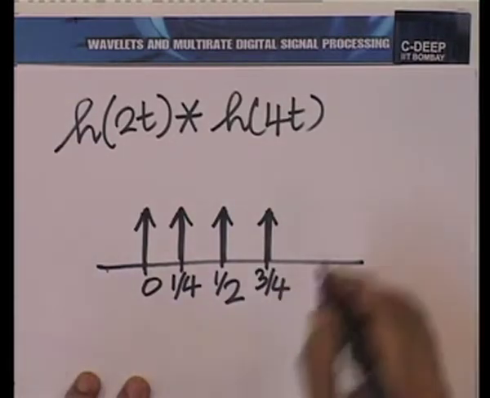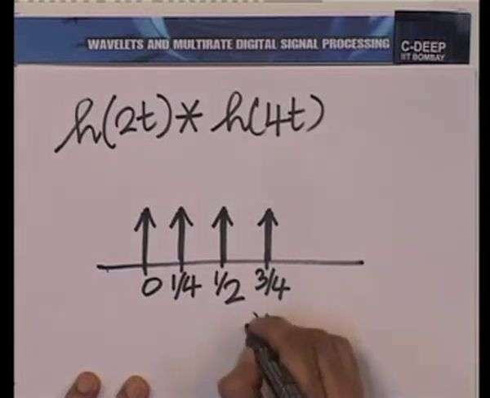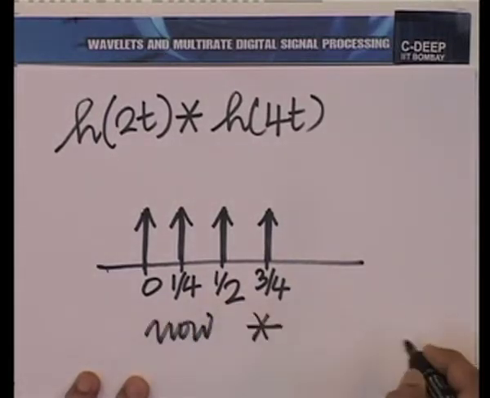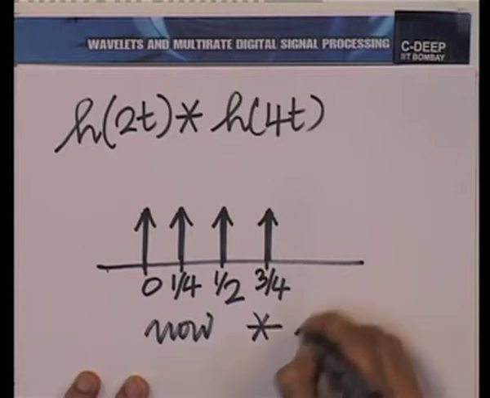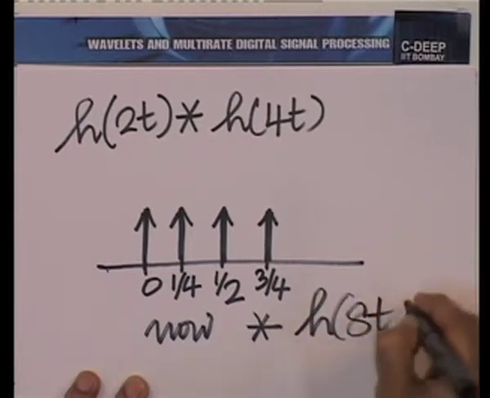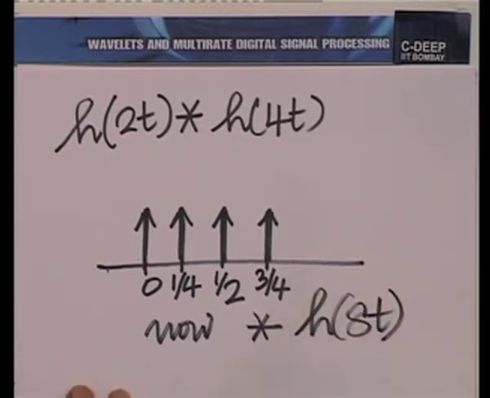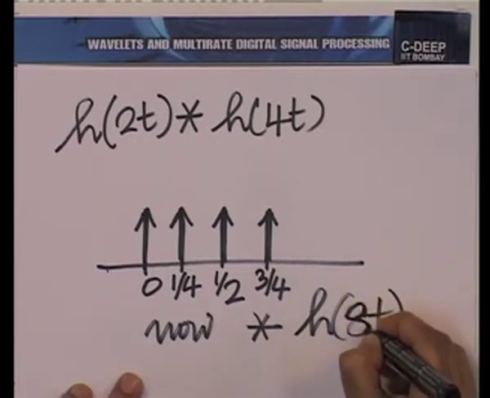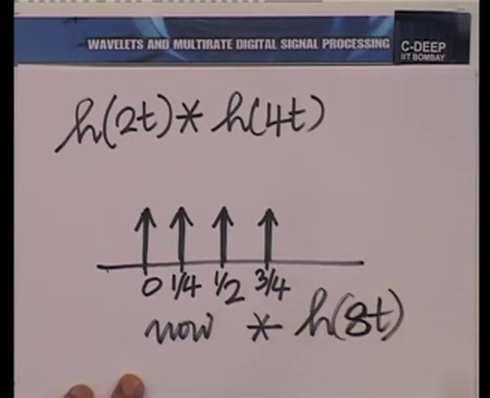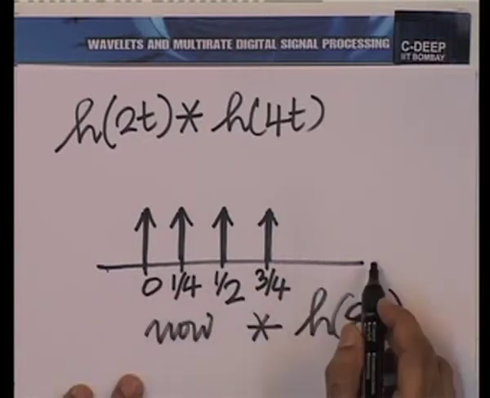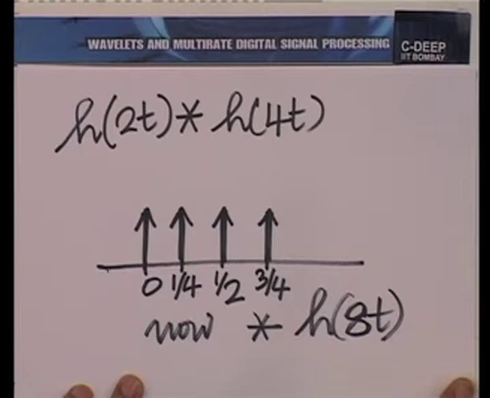Now, convolve this again to take the next term with h of 8t, as that infinite product asks you to do. So, if you take 3 terms, then you would be now convolving this with h of 8t. How will h of 8t look?